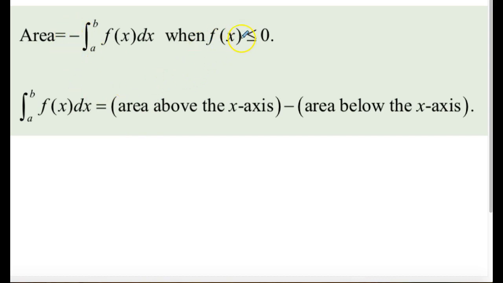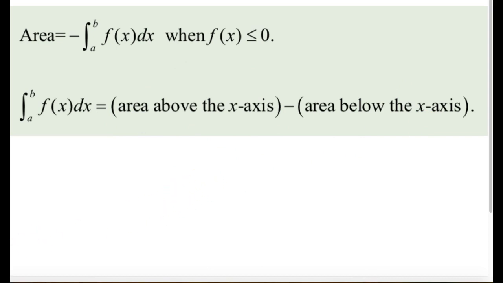Whenever our function itself is negative, so that's area below the x-axis, we say that area is negative. So if we want to evaluate a curve where we end up with both positive and negative areas, we just take the area above the x-axis minus the area below the x-axis.